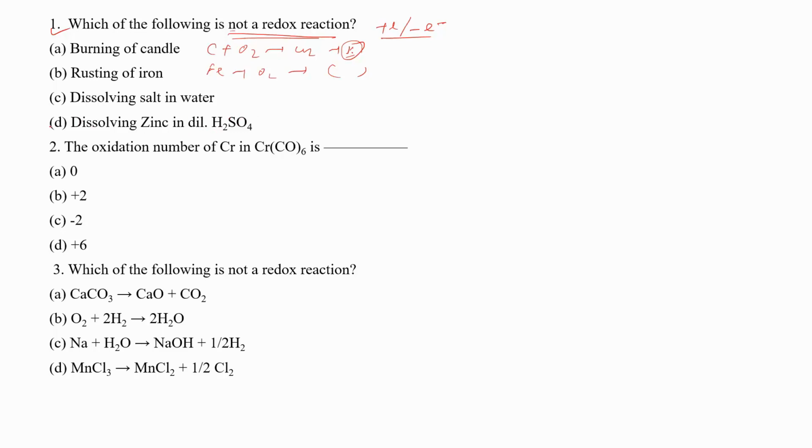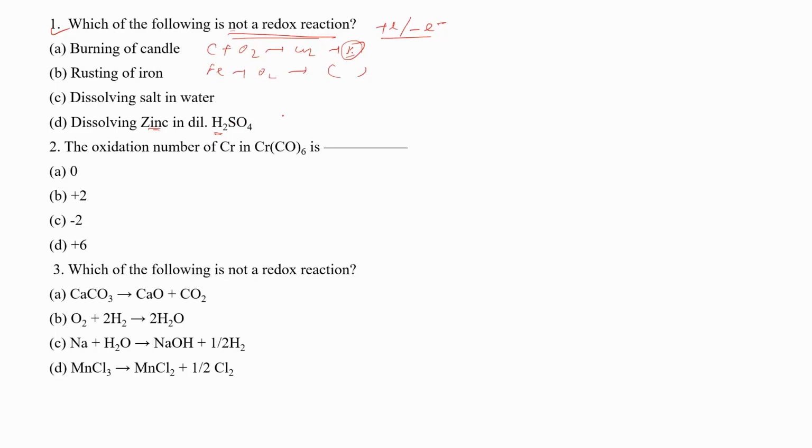I am going to option D first, dissolving of zinc in H2SO4. We know that H2SO4 is a very strong acid and also an oxidizing agent. I will come to H2SO4 in the last few questions, where we can see that H2SO4 is a strong oxidizing agent.